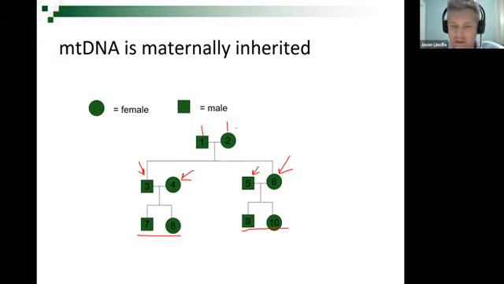My question is, Elise, who in this family tree would have the same mitochondrial DNA as grandma number 2? This is going to be the question on the quiz or exam. I'm going to show you a family tree, and I'm going to say list the numbers of individuals who have the same mitochondrial DNA as that number.